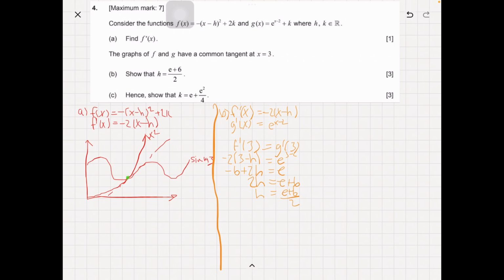And we have shown that h is equal to (e plus 6) over 2. So now the last little part is to show that k is equal to e plus e squared over 4. And to do that, all we have to do is to equate the two original functions to find k. So let's go ahead and do that.